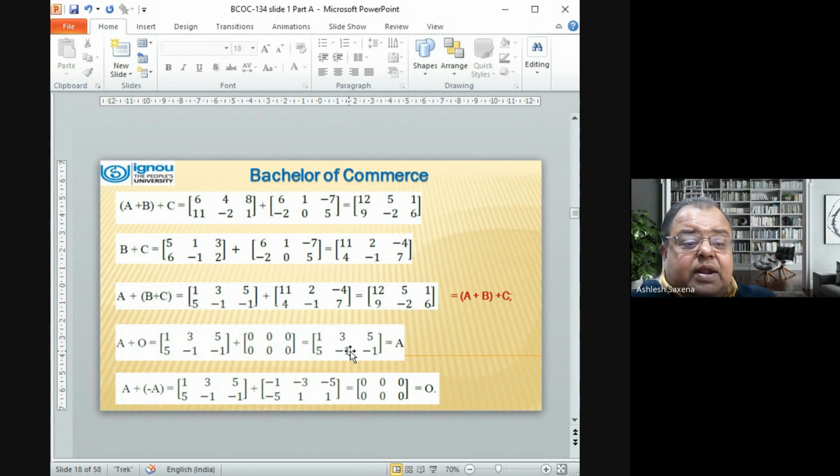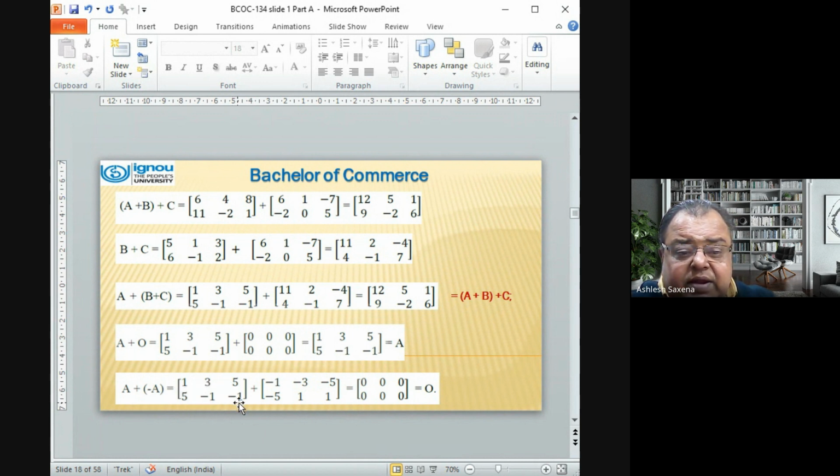Now, the additive inverse. This was your original matrix. I am multiplying every element with minus 1. So this will become minus 1, minus 3, minus 5, minus 5, 1, and 1.